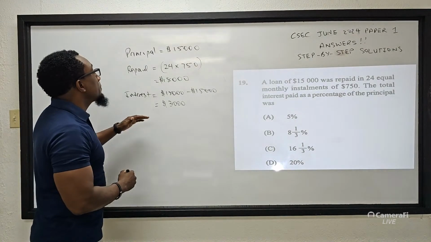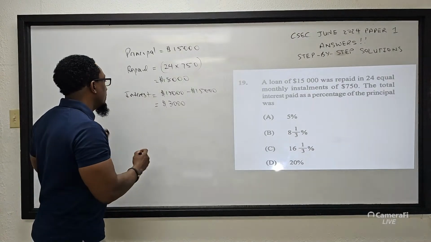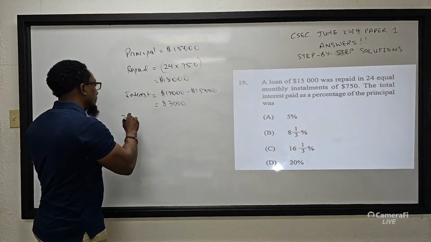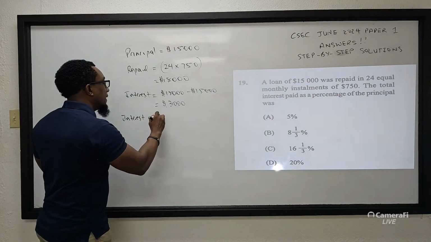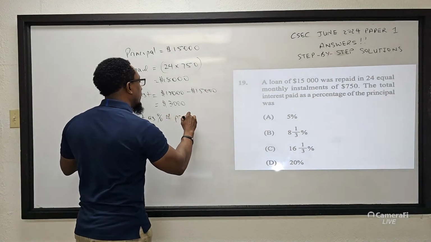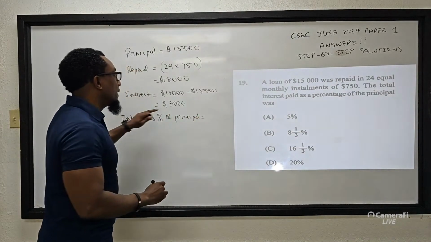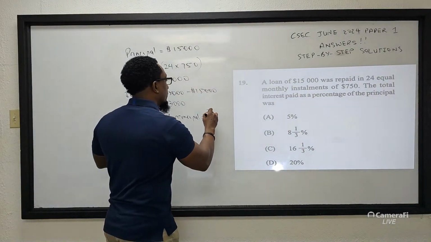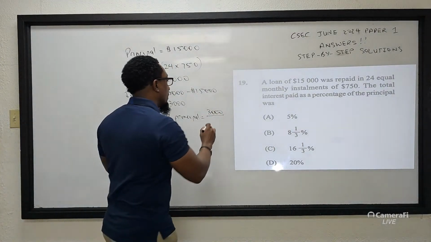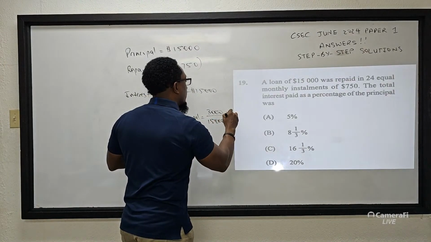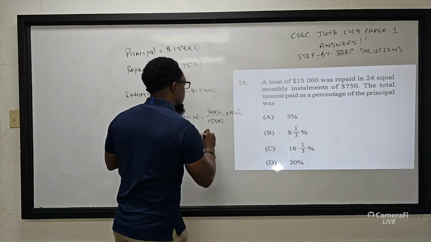So the interest as a percentage of the principal will be to take this $3,000 and put it all over the principal, which is 15,000, times 100%.